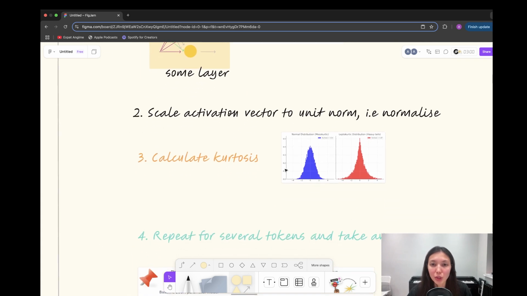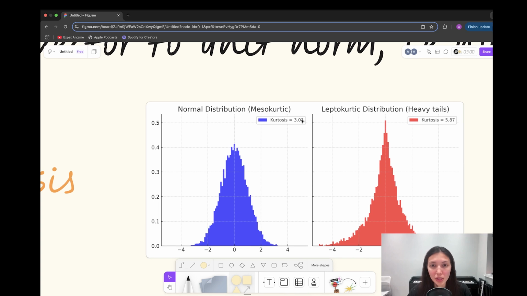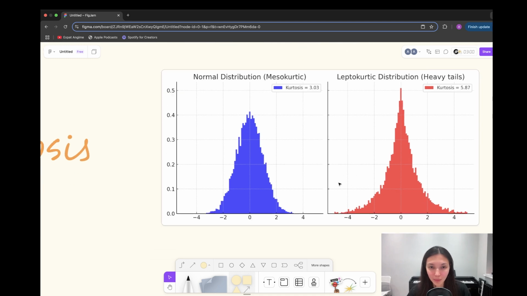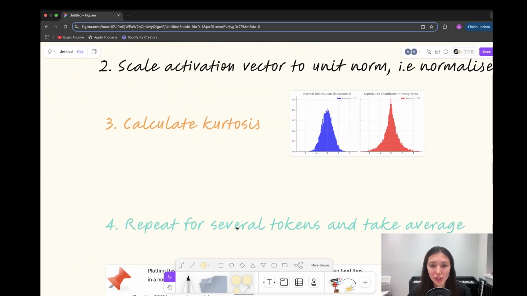then we can calculate the kurtosis, which is a measure of tailiness. If the kurtosis is 3, it's a normal distribution with no heavy tails. Otherwise, if it's much larger than 3, it signals that there are some extreme values. And we can repeat these calculations for several tokens and take the average.